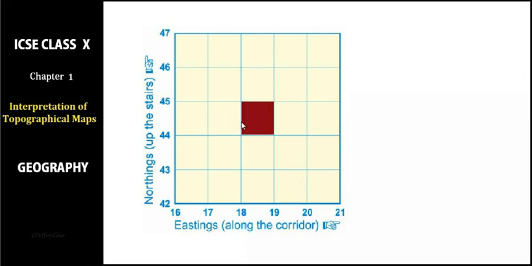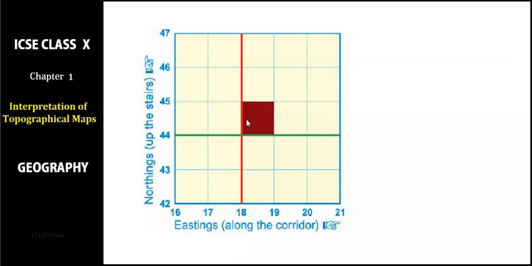This is the grid, and to find the 4-figure grid reference of this particular grid, what we need to do is take the eastings and northings. In case of eastings, we have to take the easting located on the left side. Always the easting on the left side is taken, and the northing at the bottom is taken.